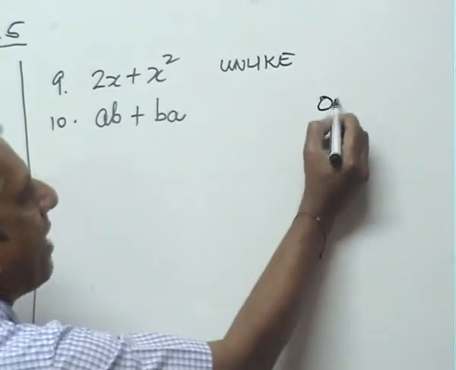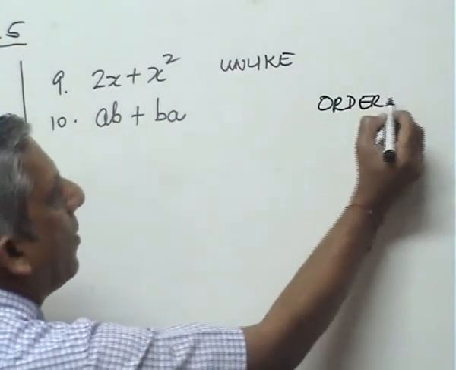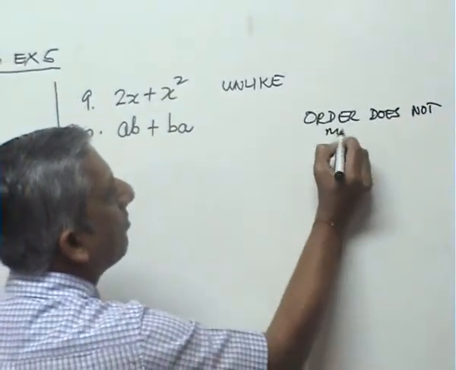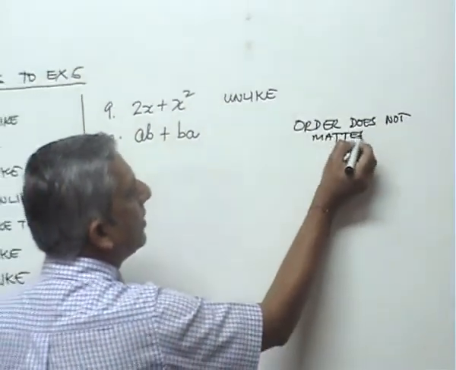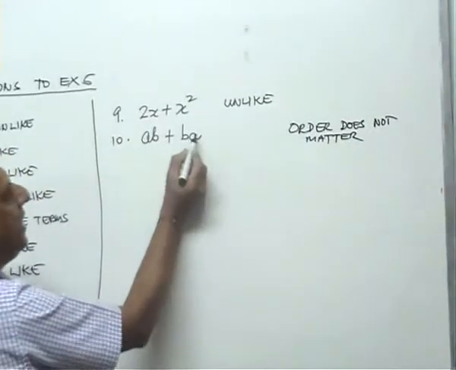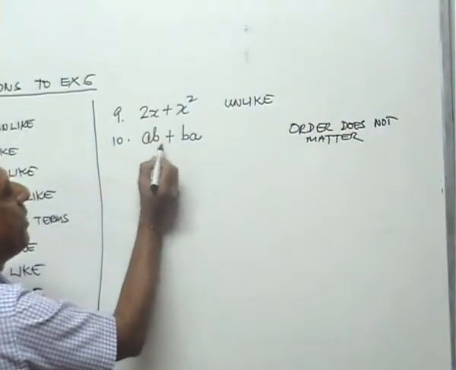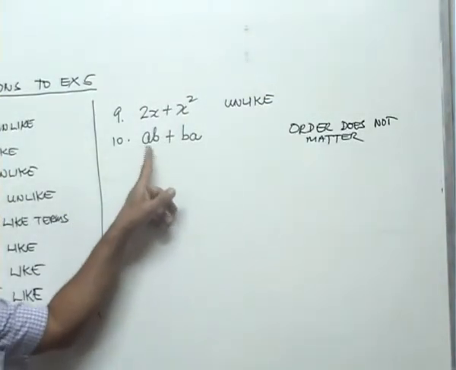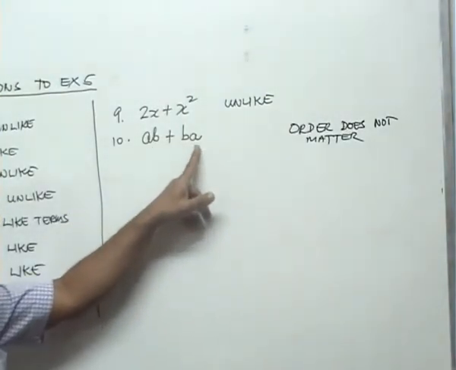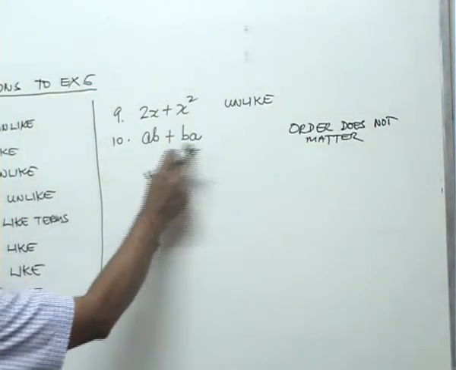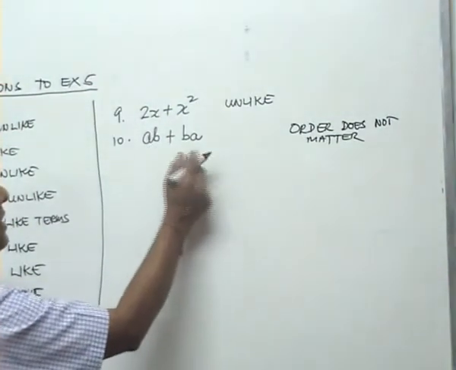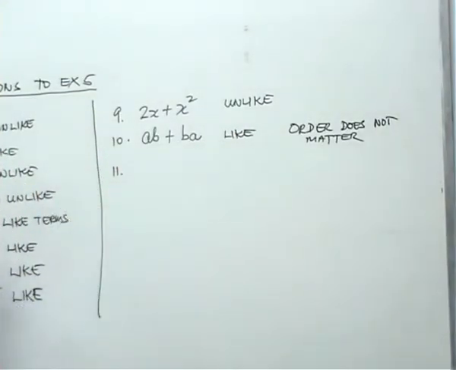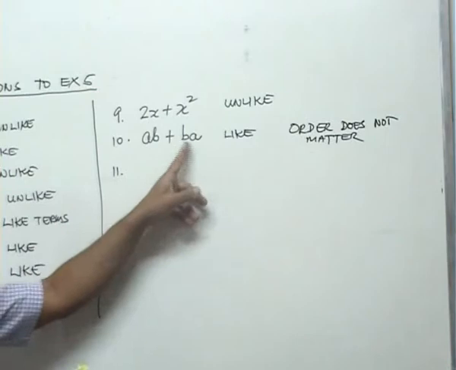The order does not matter. It doesn't matter if you wrote ab here and you wrote ba there. So these two powers are exactly the same. Therefore this is like.